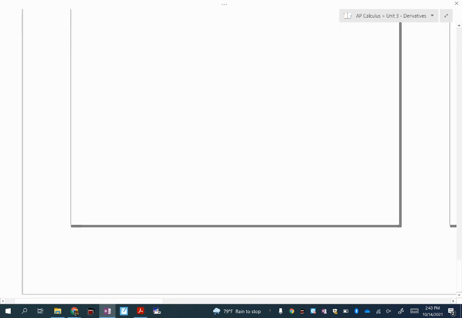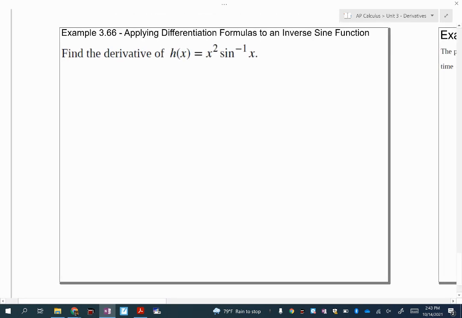Okay, so this one, all right, this one is we're going to use the product rule in order to find this, and we have to use the derivative of the inverse sine function. So to find the derivative of h prime of x, I'm going to kind of cut out some steps here. We do the derivative of the first one, which is going to be the derivative of x squared, which is 2x.